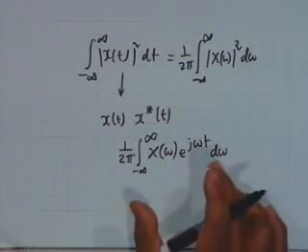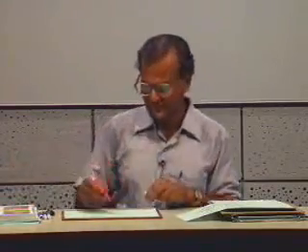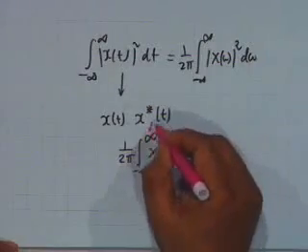Is that okay? This is x(t). Now, if I want x star of t, then obviously I have to put X star of omega here and a negative sign here. So this is x star of t.